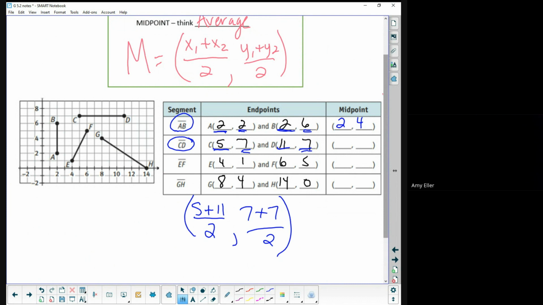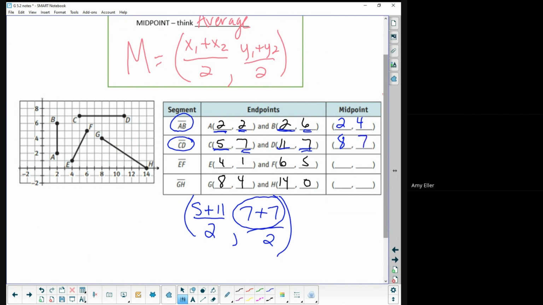Divide by 2. Go ahead and do that in your head or in a calculator. See what you get. 5 and 11 is 16, divided by 2 is 8. 7 plus 7 is 14, divided by 2 is 7.